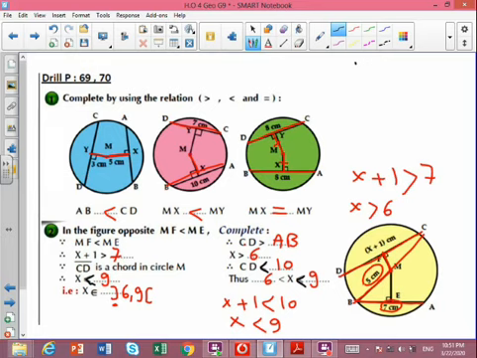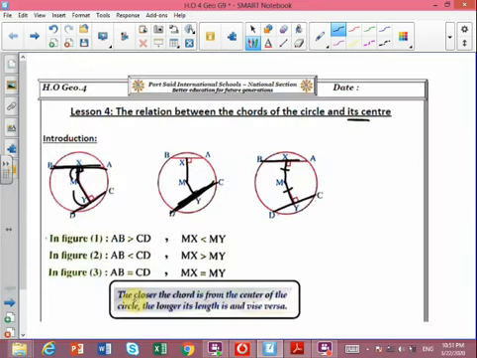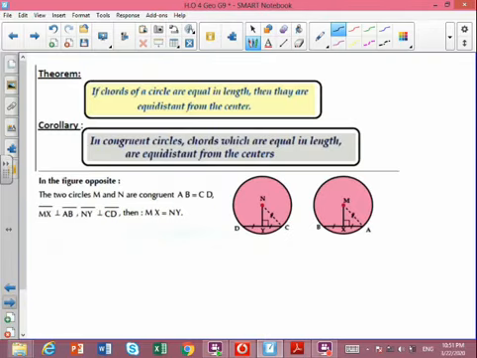Okay, this was an introduction about, again, the closer the chord is to the center of the circle, the longer its length, and vice versa. Let's go to an important theorem. We have the theorem, the corollary and the converse of the theorem. What does our theorem say in this lesson?